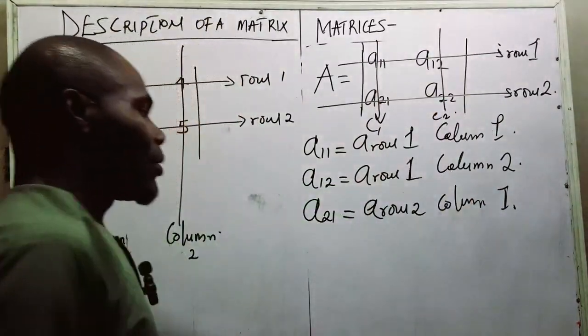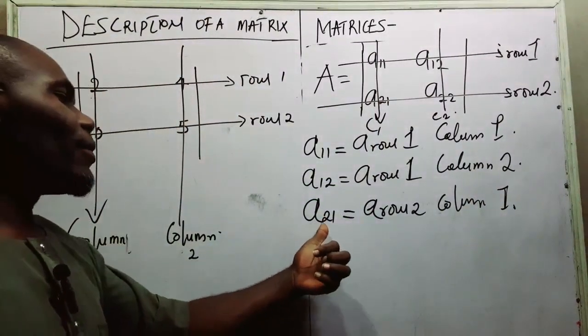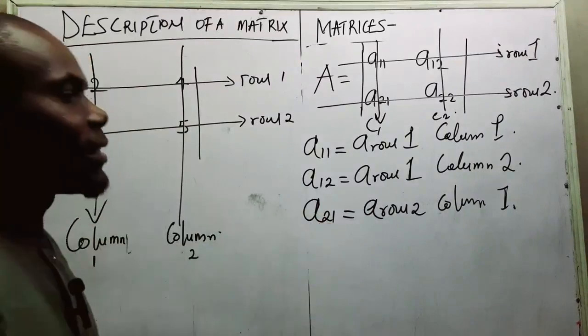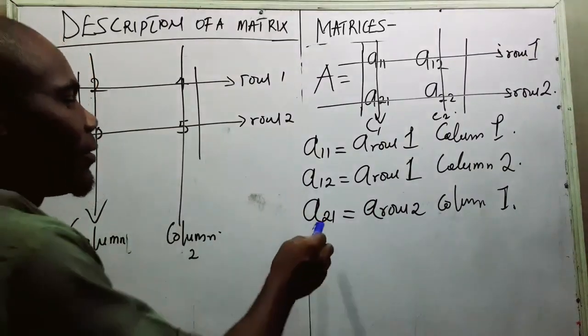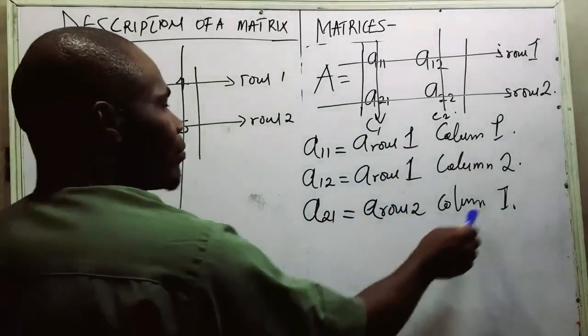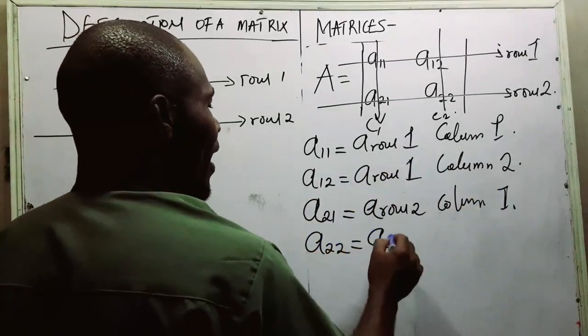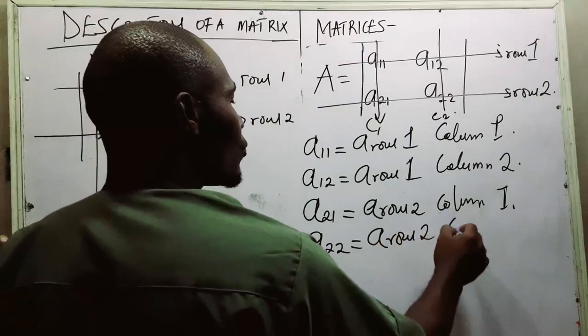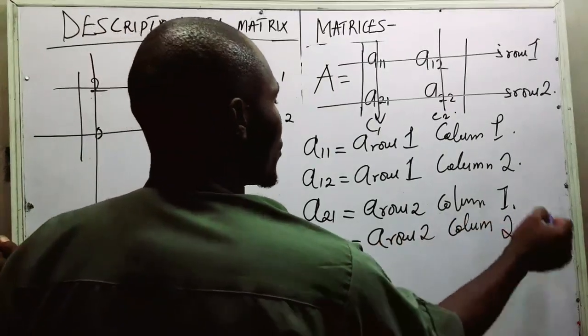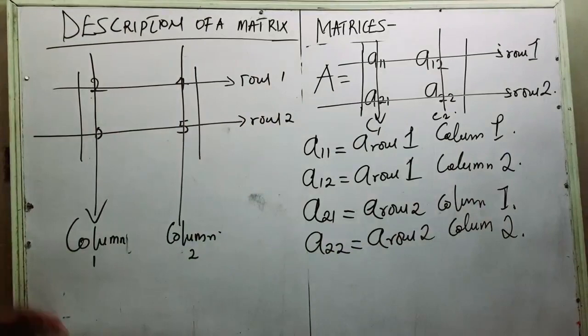So A row 2 column 1 means that it falls in row 2 column 1. The last one is A22, which is A row 2 column 2, telling us that A22 falls in row 2 column 2. So this is how we describe a matrix. We give a matrix a description of this form.